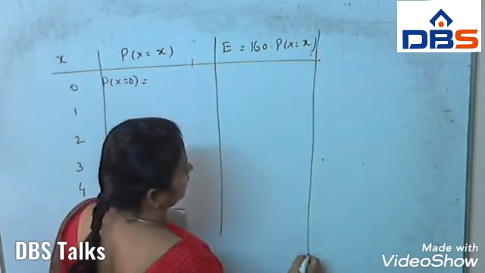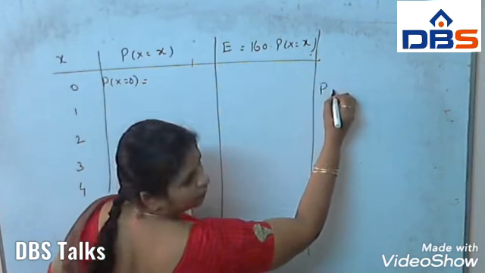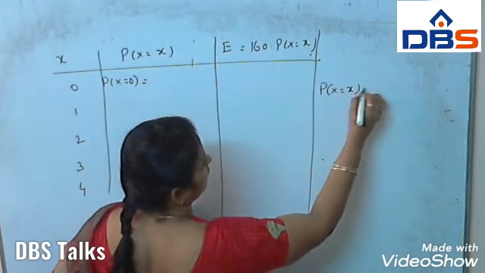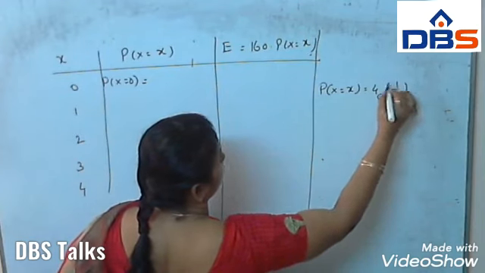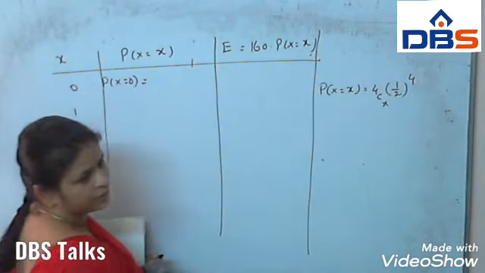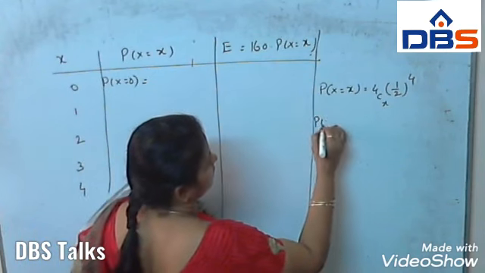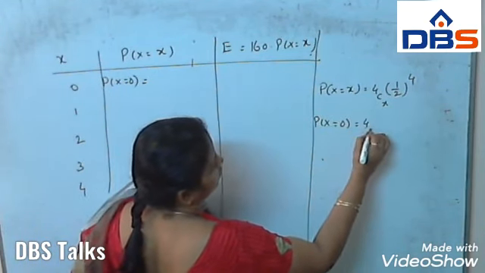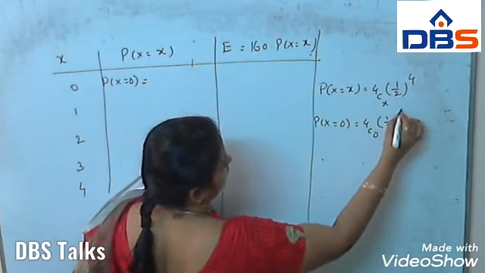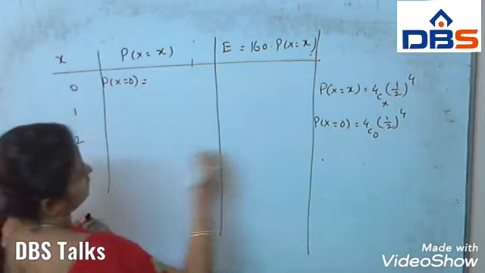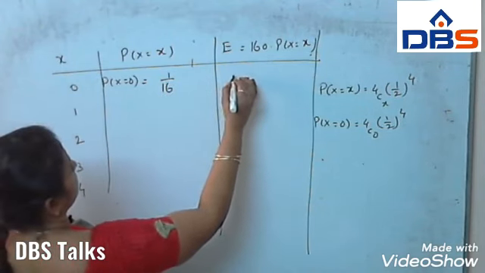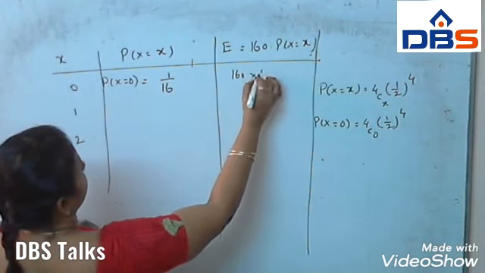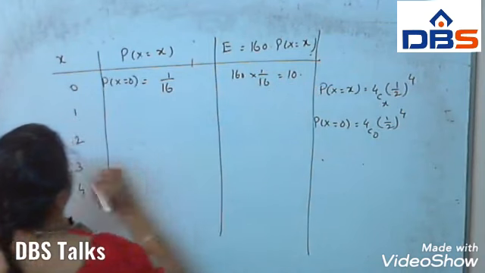What is the formula for p of x equal to x? Just now we found 4cx 1 by 2 power 4. This is the formula we got. So p of x equal to 0: 4c0 1 by 2 power 4. That means 1 by 16. 160 into 1 by 16, that is equal to 10.